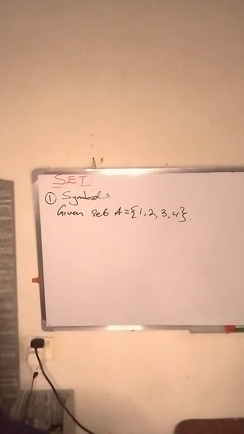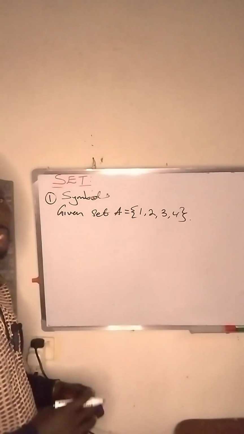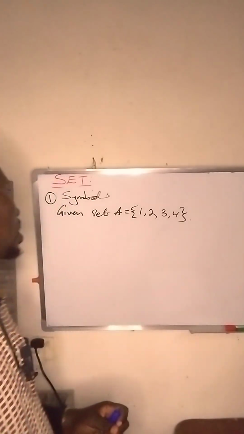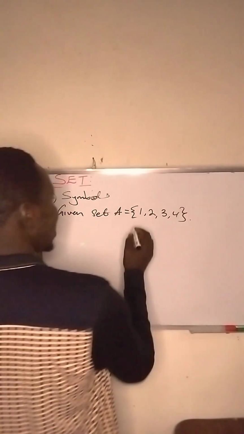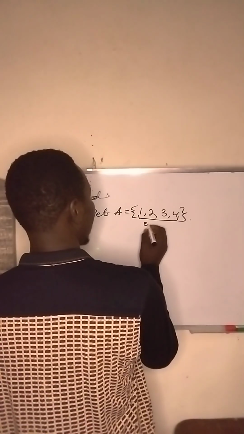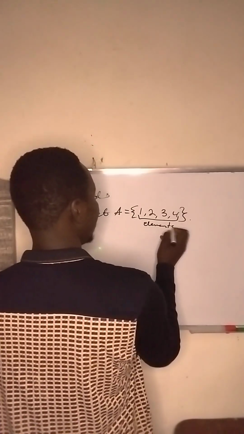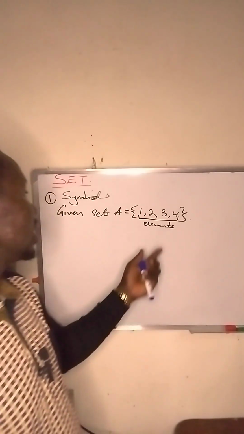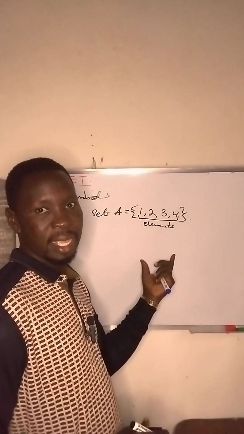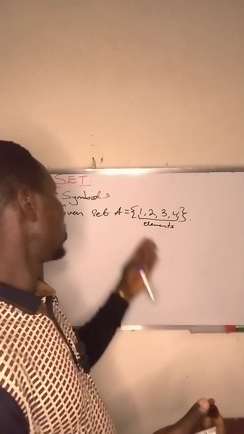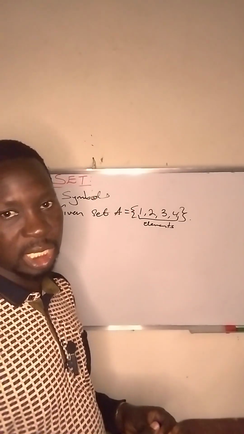That is all about a set A. These ones inside here are what we call elements of a set. In most cases, these elements are the ones grouped to form what we call a set.